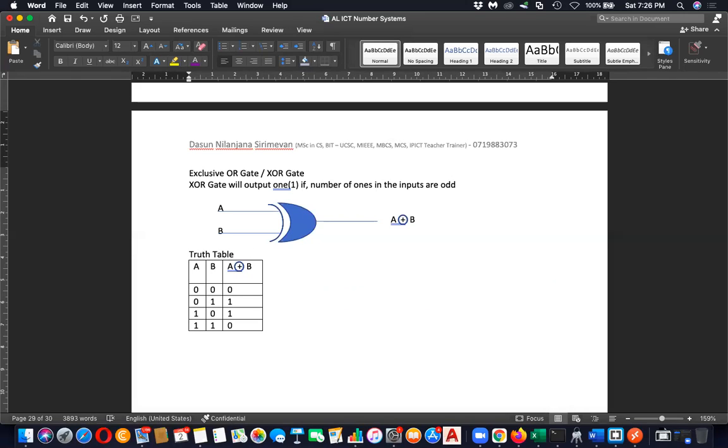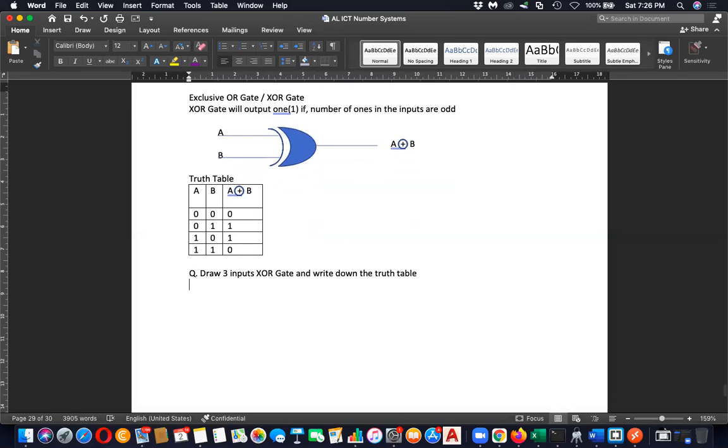So then the question: draw a 3-input XOR gate and write the truth table.